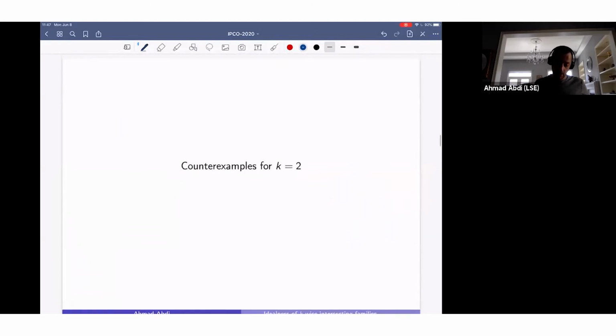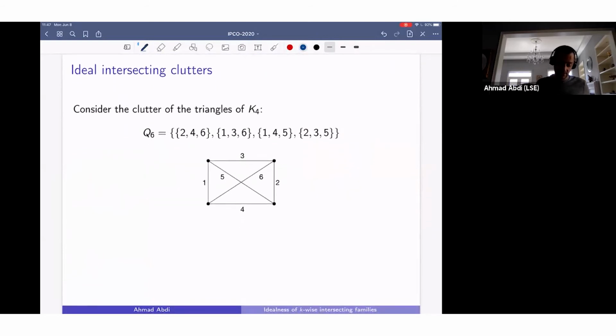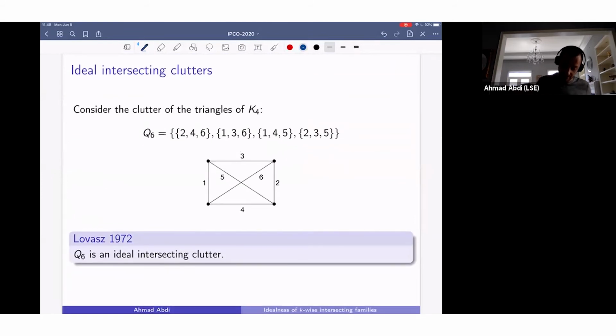All right, so what are our counterexamples for k equals 2? There's a classical one due to Lovász. Consider the clutter of triangles of K4. My ground set is going to be the edges of K4, and the members will be the triangles as outlined there. Now K4 doesn't have disjoint triangles, so this clutter will be intersecting.